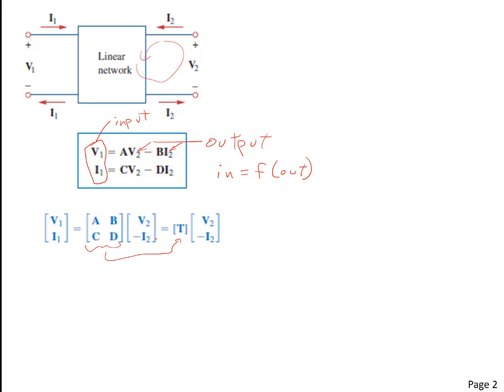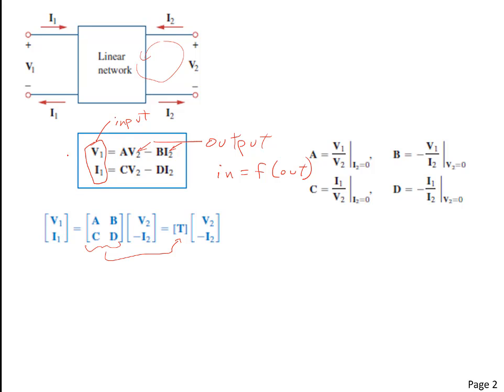Okay. Now, what are they? Well, we know because we're now so familiar with this form that to solve for A, it's going to be V1 over V2 when this term is 0. This is what we've always been doing.